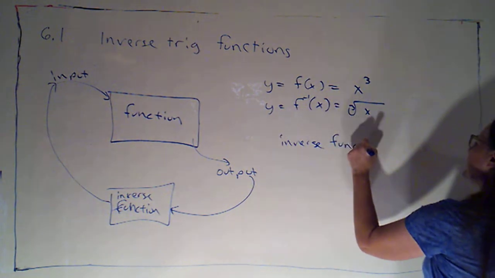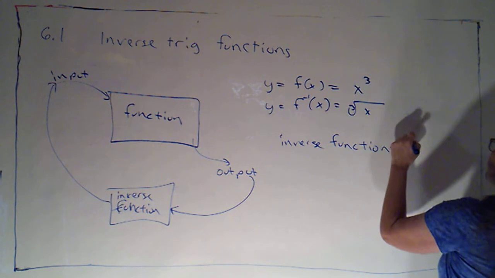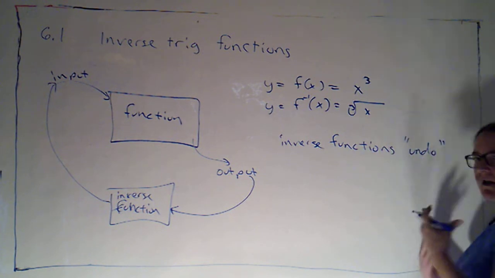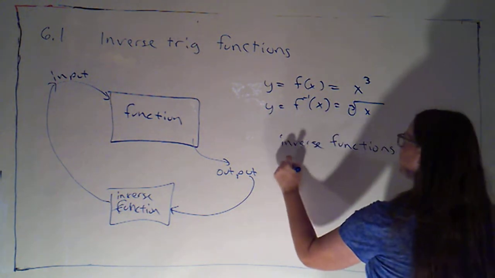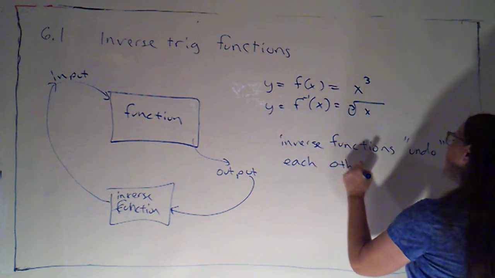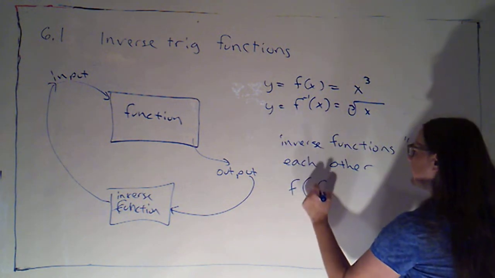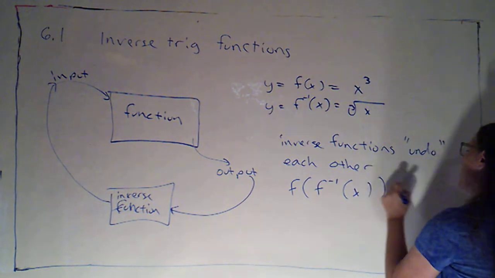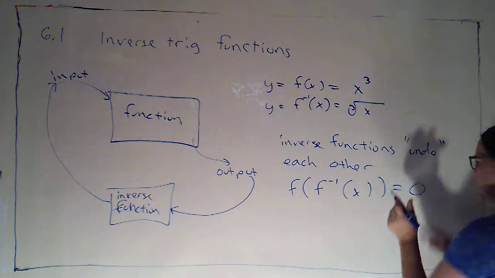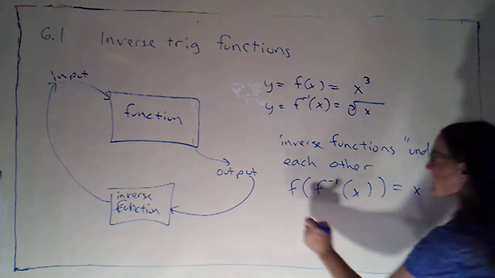So that's one way I'm going to think of an inverse function. It's the thing that undoes whatever the function was doing. And the formal way that we express that is that if I compose them in either order, oops, I don't get 0, I get x back.